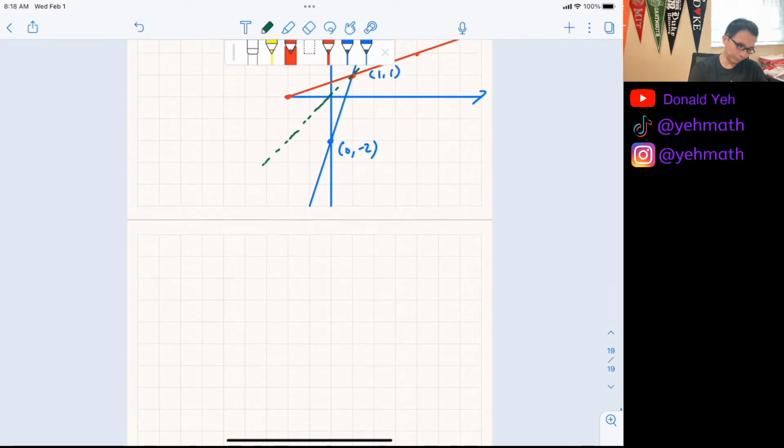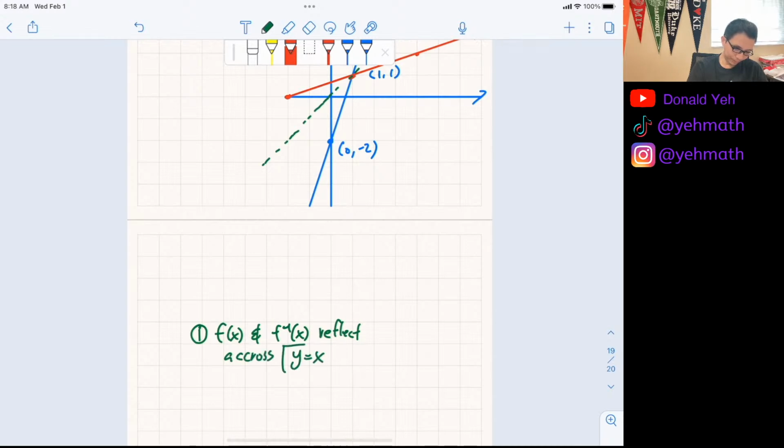Due to here, I have found a few characteristics, but let's list down the characteristics. One: f of x and f inverse of x reflect across y equal to x.